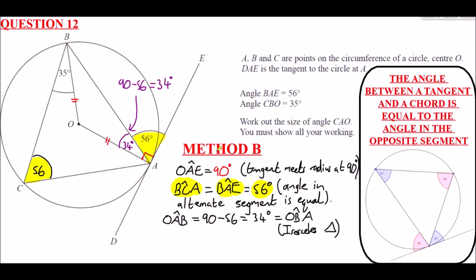So again, I'm just going to colour code that in. So that's going to be 34 as well. I'm going to colour this in green. There we go. So where can we go next?